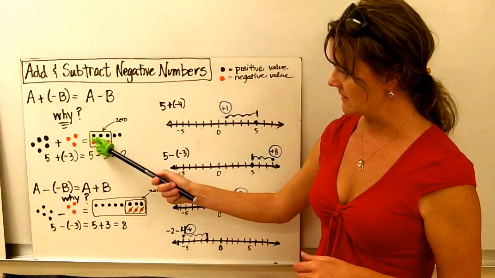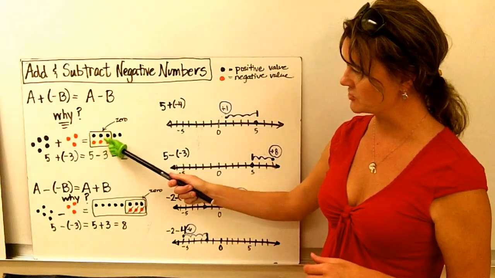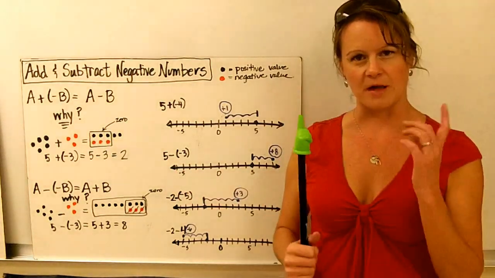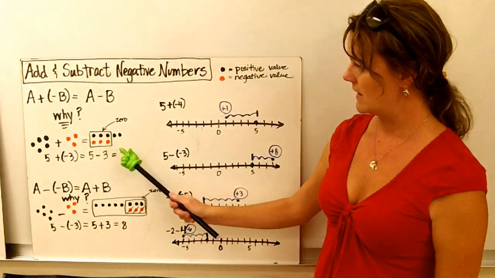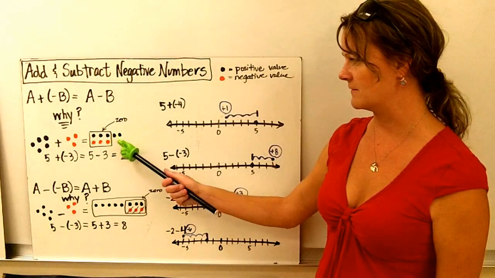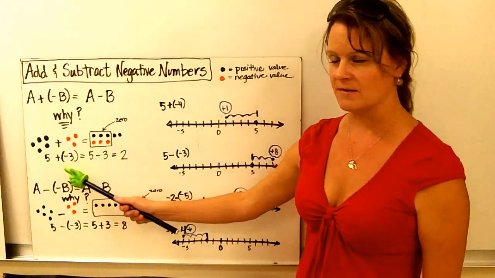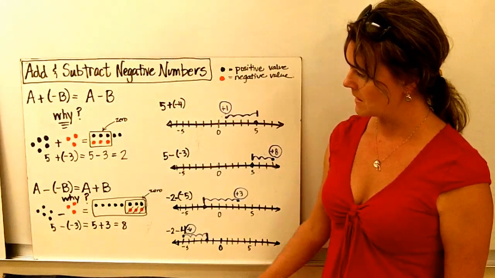If I combine the 5 black dots and the 3 red dots, the way I've lined them up shows us that a black and a red together has a value of 0. Positive 1 and negative 1 together has a value of 0. So here I have 3 zeros, and then what I'm left with when I line those all up are 2 positive 1s, or positive 2. So we know that 5 plus negative 3 is the same as 5 minus 3, which is positive 2.